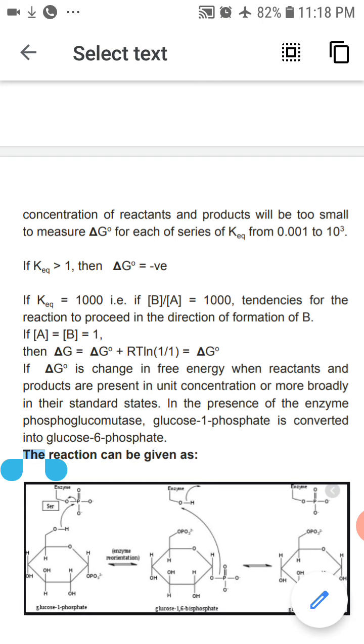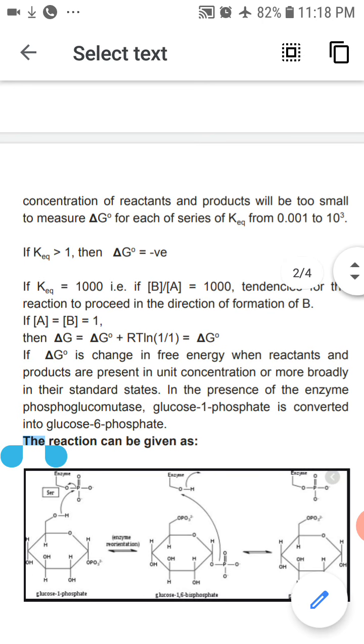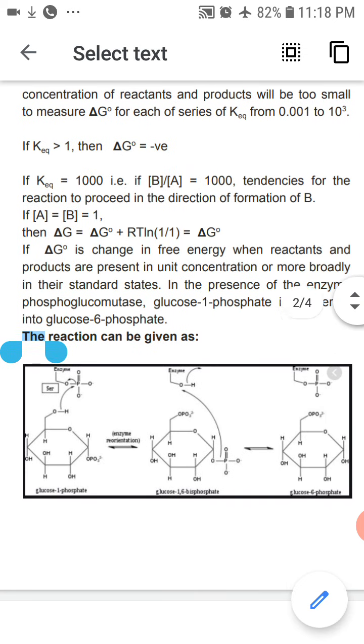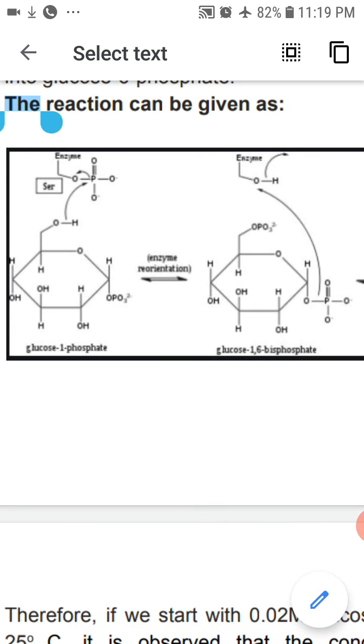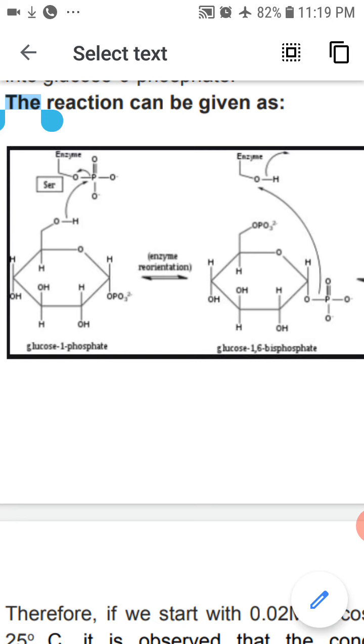Therefore, in the presence of the enzyme phosphoglucomutase, glucose 1-phosphate is converted into glucose 6-phosphate. Means if a biochemical reaction is performed in presence of enzyme phosphoglucomutase, glucose 1-phosphate is converted into glucose 6-phosphate. Glucose 1-phosphate means the phosphate group is on position 1.